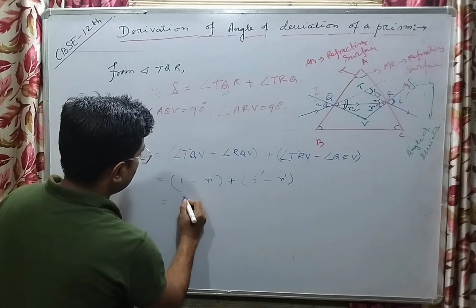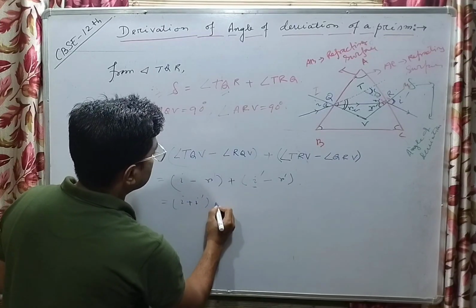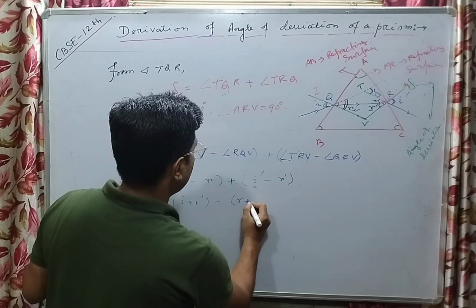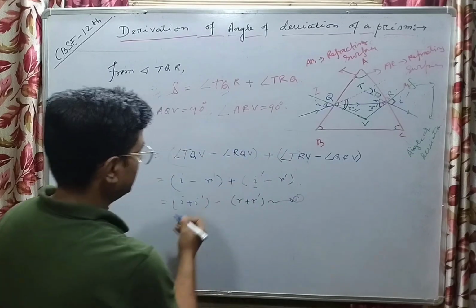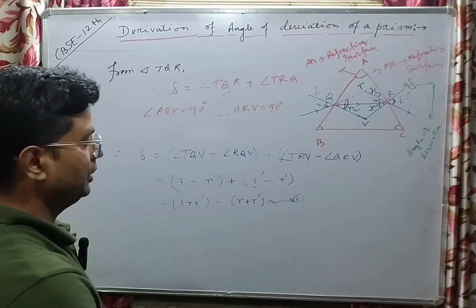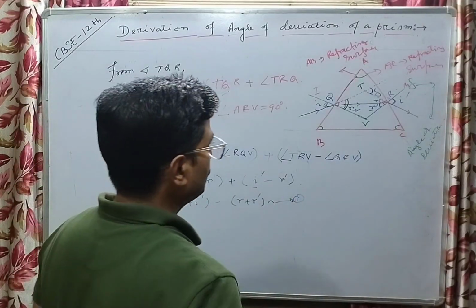Now delta is equal to I plus I dash minus R plus R dash. This is equation number 1. This equation will be important in the rest of the proof.